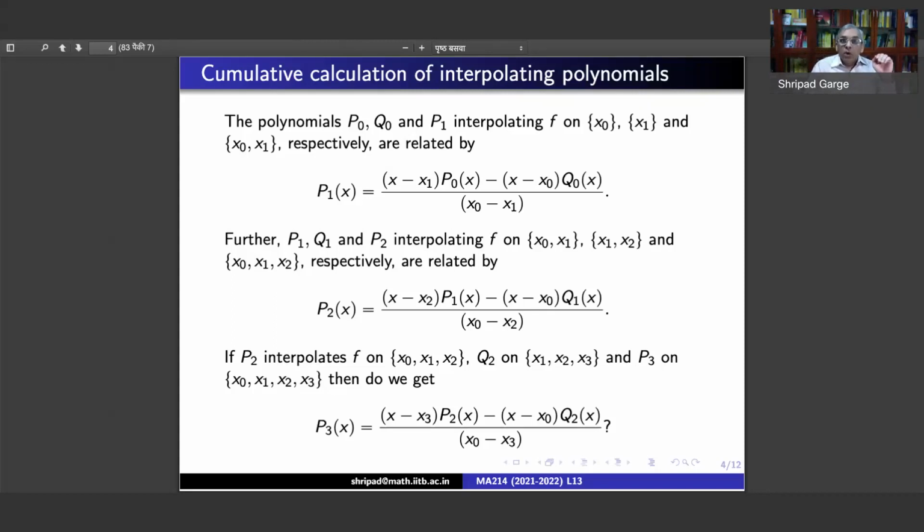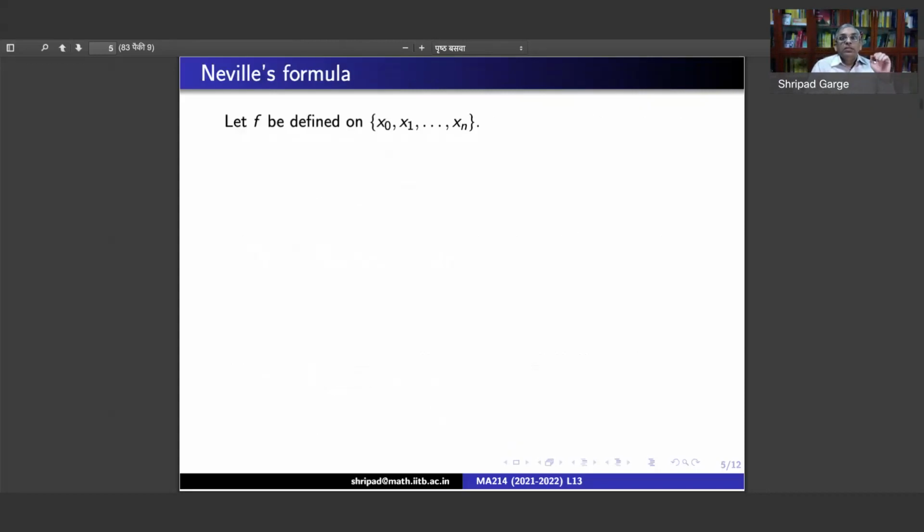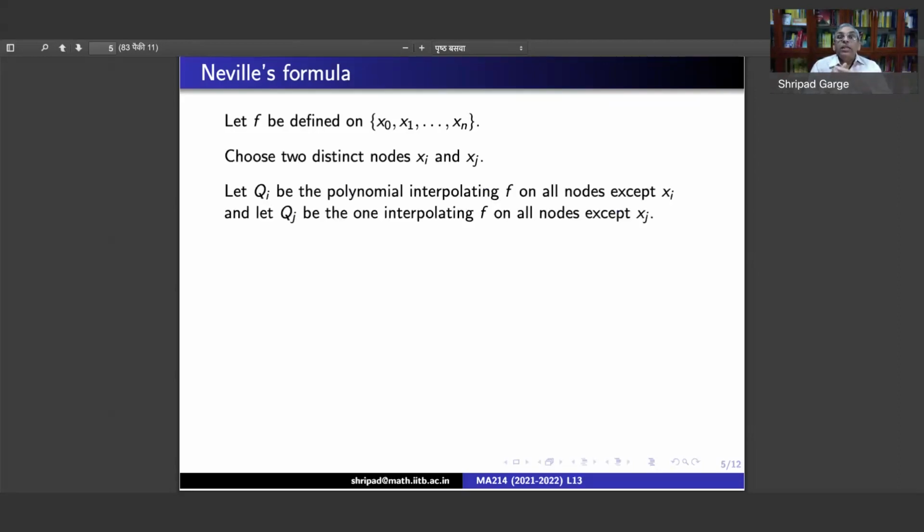We have a more general formula which we give now, and the proof is similar to the proof that we have just now noted. Suppose we have these n plus 1 distinct nodes x0 up to xn. We choose any two distinct nodes xi and xj. Let qi be the polynomial which interpolates the function f on all nodes except xi.